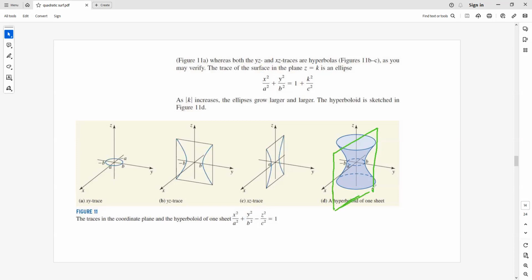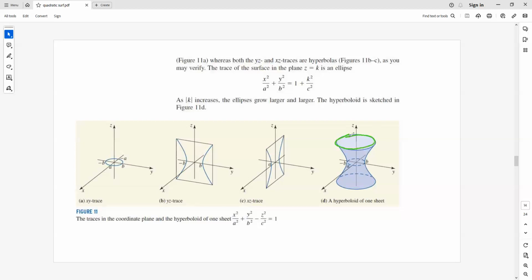Now these hyperbolas will be like this. These parts will also be hyperbolic, and you can see the cross section is elliptical in the xy plane.